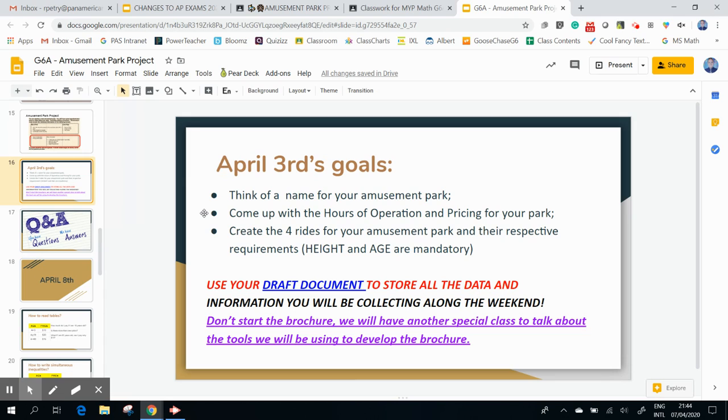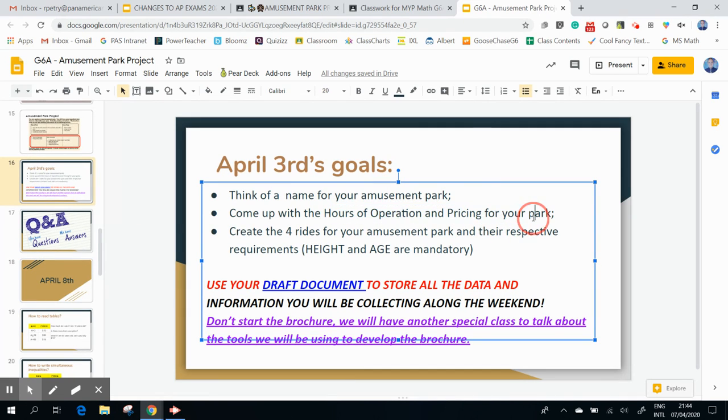You had to finish by April 3rd, and as some people didn't finish, the name for your amusement park, the hours of operation, and the pricing for your park. And you should have created 4 rides for your amusement park and their respective requirements, either a height requirement or an age requirement for your rides.